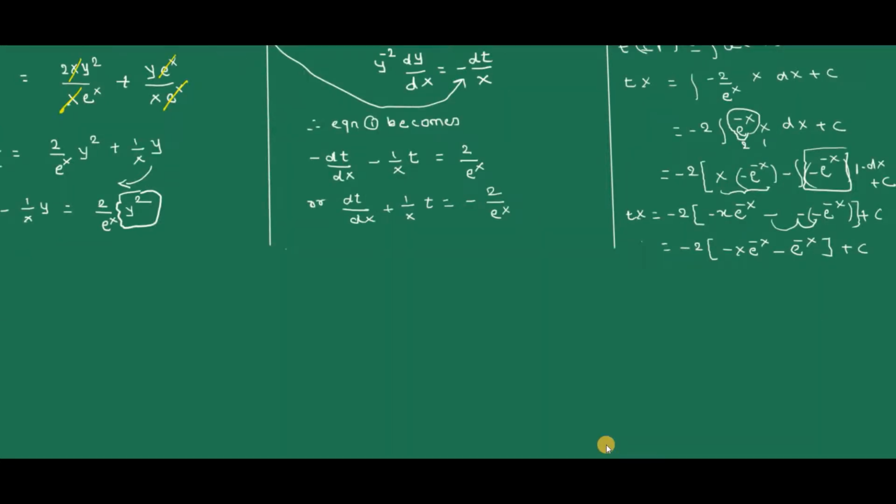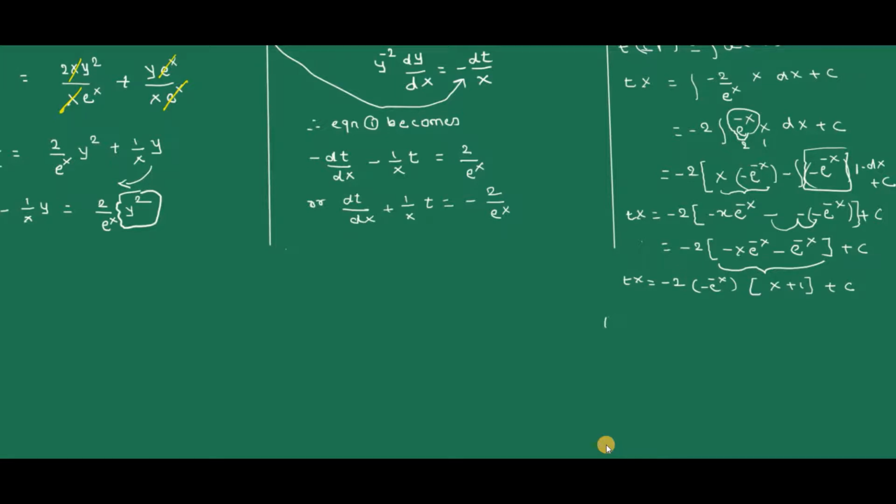So now this is tx as it is, minus 2 as it is. From this bracket term you can take minus e raised to minus x common. If you take minus e raised to minus x common, here we are left with x plus 1, plus c.